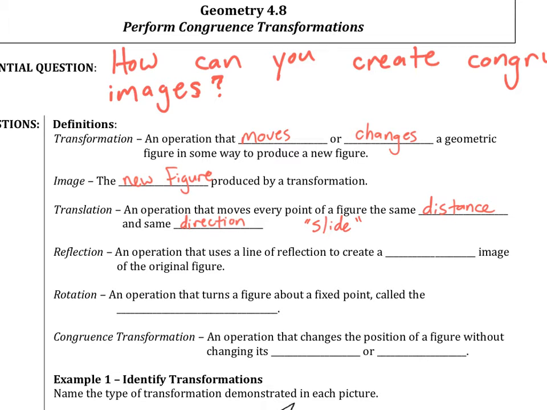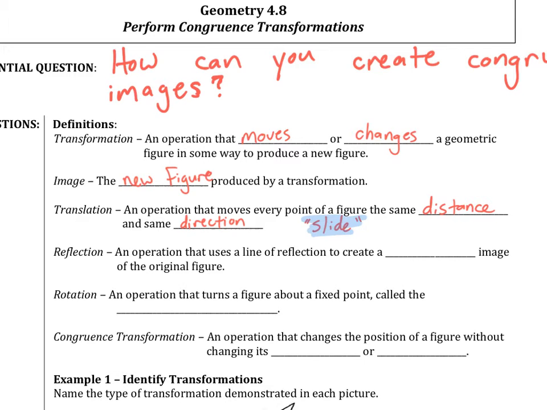It slides it across. Highlight that. You can slide it up, slide it down, left or right. Think of a triangular object on a table or a desk. When you slide it across that table or desk, it's still the same figure. It just moved its place.